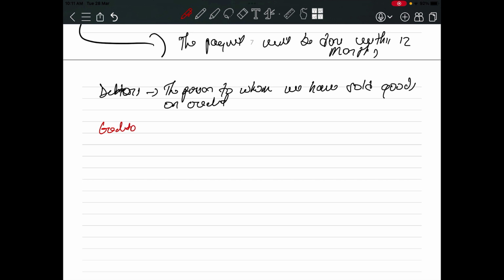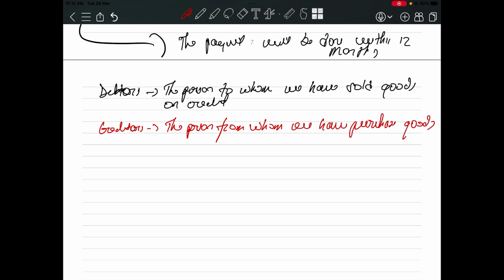The person from whom we have purchased goods on credit. Basic differences. Debtor is a person to whom we have sold goods, and creditor is a person from whom we have purchased goods.